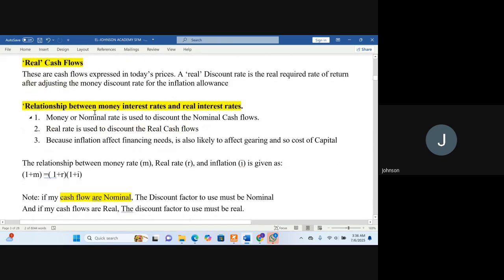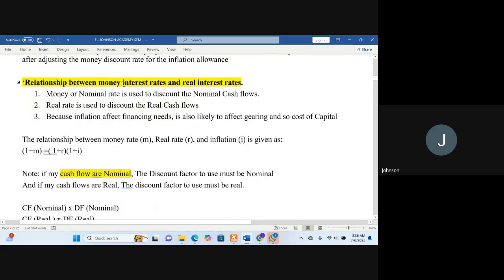Now, what is the relationship between cash flows and discount factor? When you have a money or nominal cost of capital or discount factor, you should use it to discount a nominal cash flow.